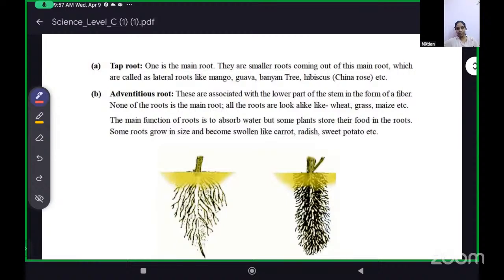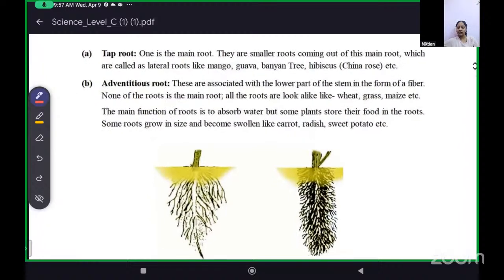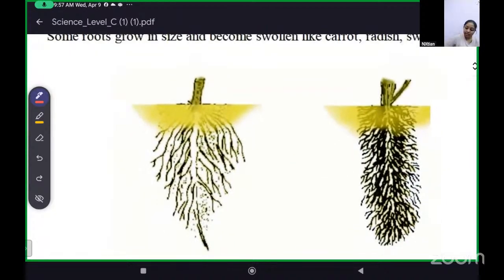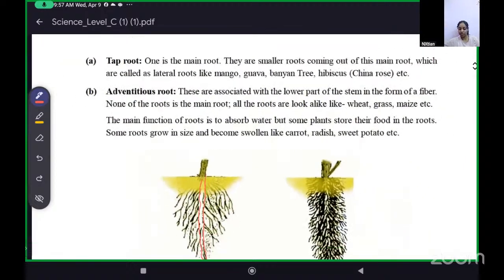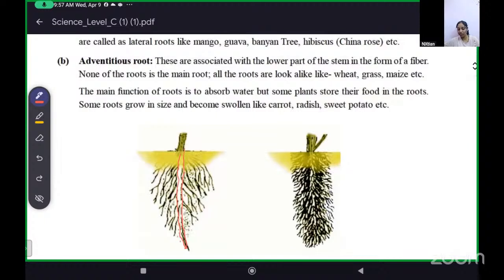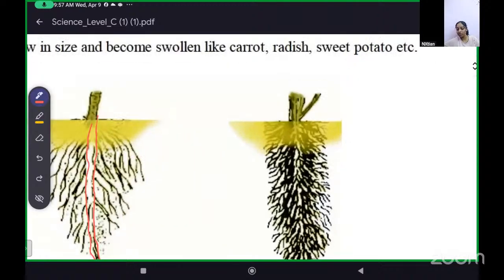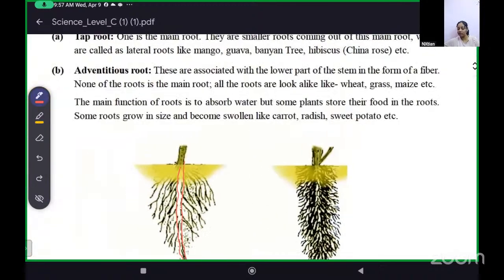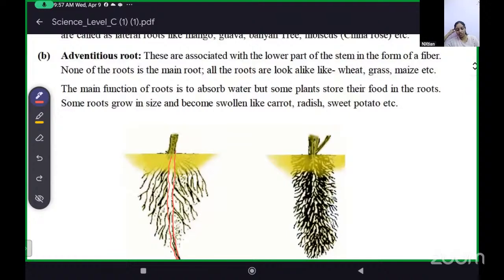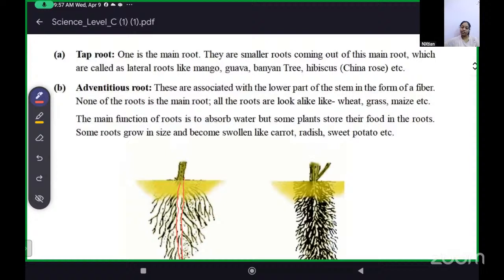Taproot is where one main root is there at the center, and small roots are around that main root. Whereas in the adventitious or fibrous root, there are many roots forming a structure like fibers.